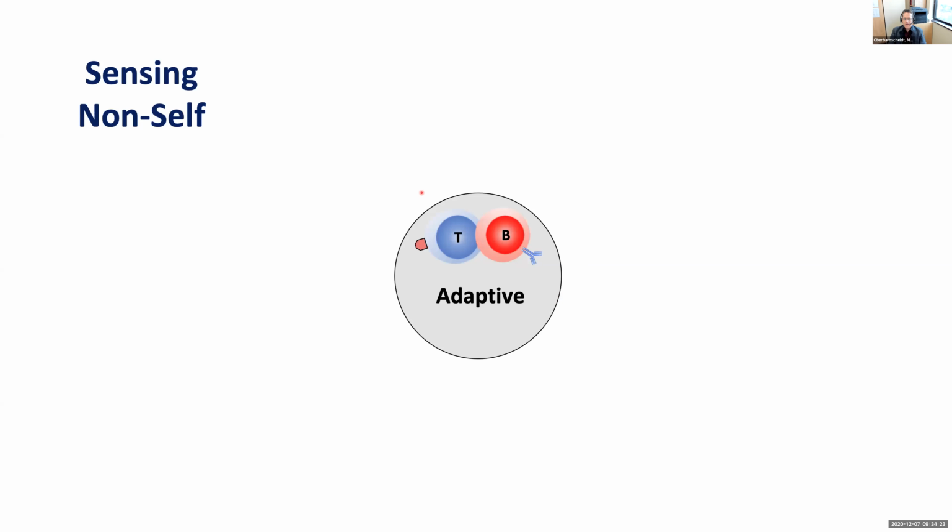If we think about sensing non-self, at the center of our immune system is the adaptive immune system with T and B cells, with a variety of T and B cell receptors that can undergo somatic hypermutation and be very specific in reacting to non-self.